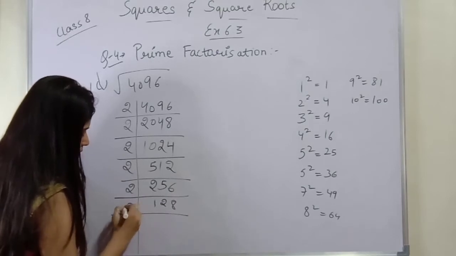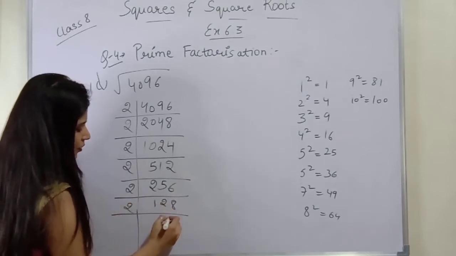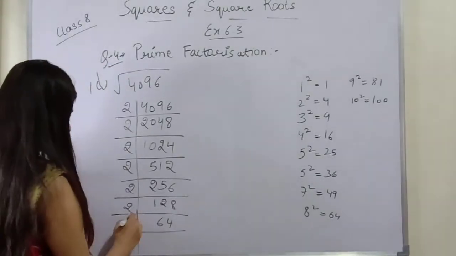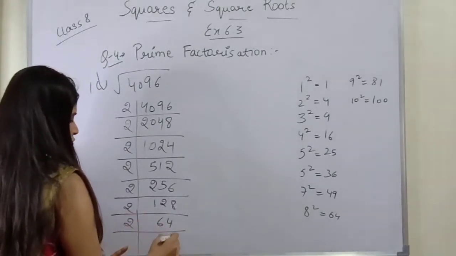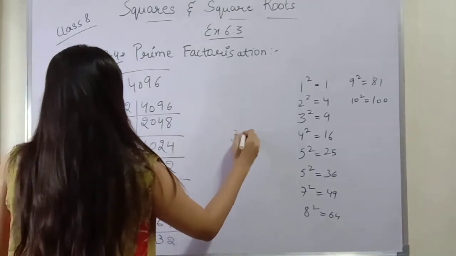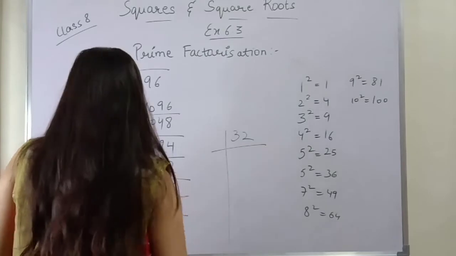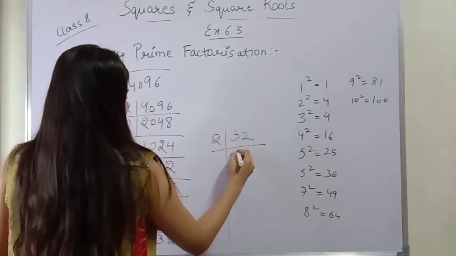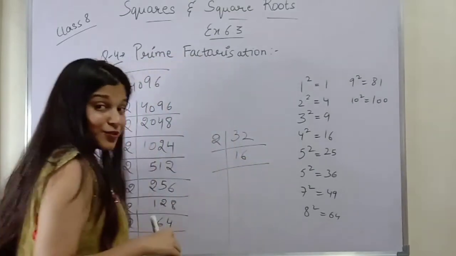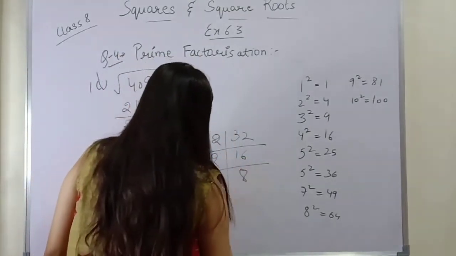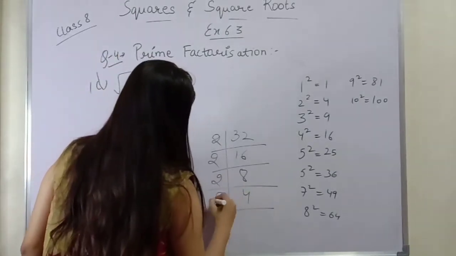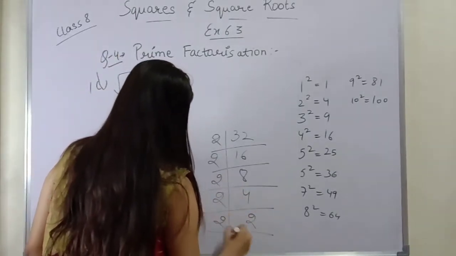Again 2, 2 6 are 12, 2 4s are 8. Again 2, 2 3s are 6, 2 2s are 4. अब 32, again 2, 2 1s are 2, 2 6 are 12, again 2, 2 8s are 16, again 2, 2 4s are 8, 2 2s are 4, 2 1s are 2.